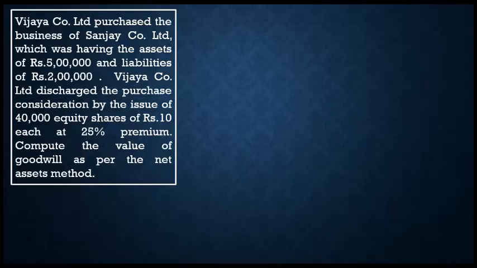Vijay Company Limited agreed to pay the purchase consideration by the issue of 40,000 equity shares of rupees 10 each at 25% premium. This is additional amount paid by the Vijay Company to Sanjay Company. Compute the value of goodwill as per the net asset method. Okay, now solve the problem.